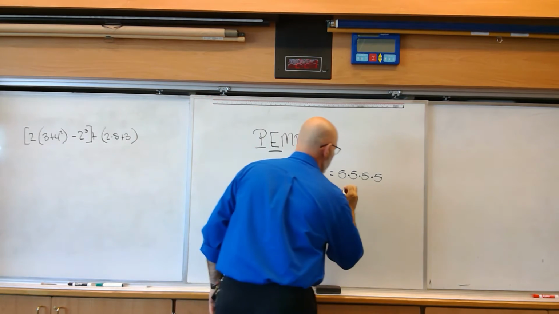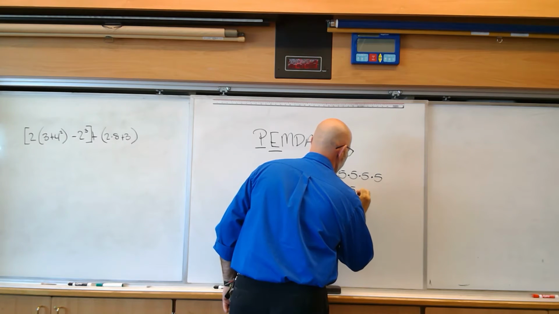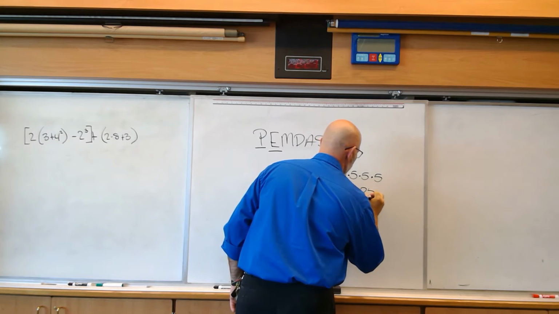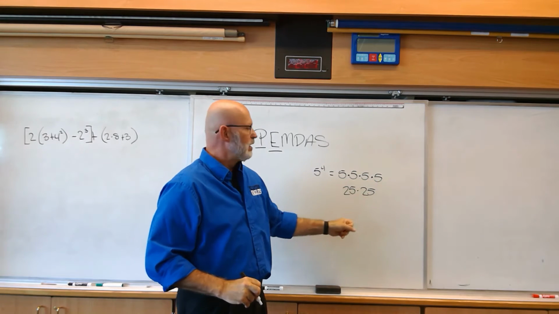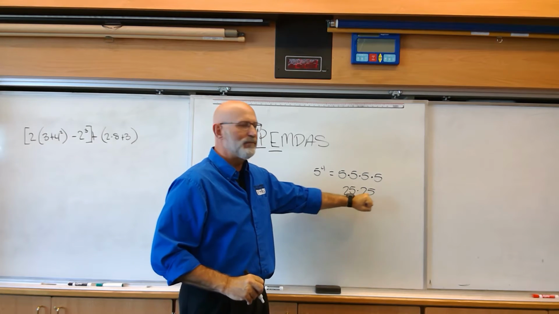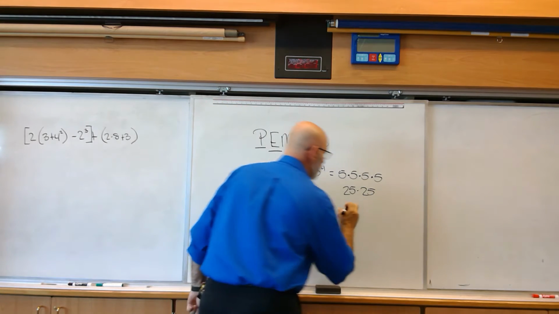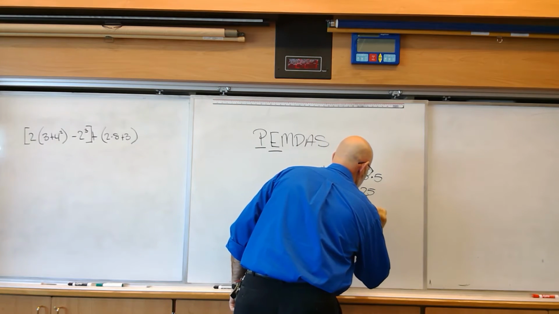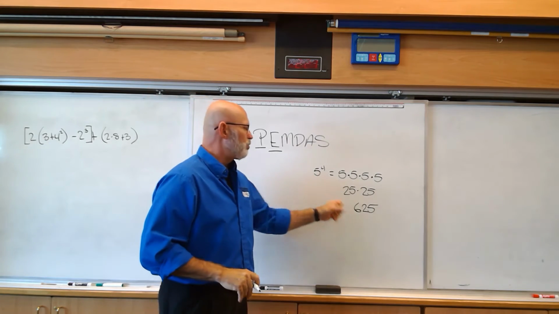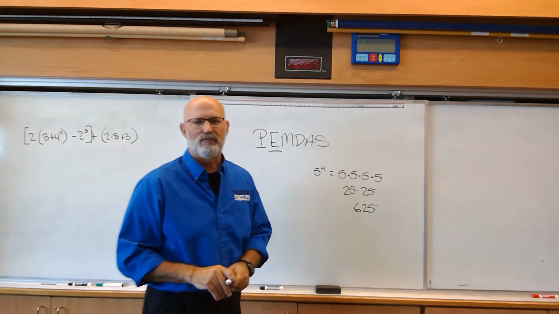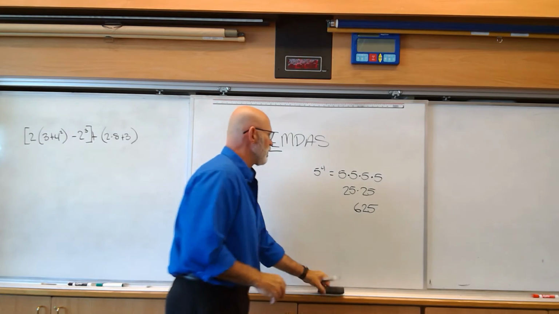So I'll do 25 times 25, because I know that 5 times 5 is 25, and 5 times 5 is 25. Now I'm going to take 25 times 25, and that's going to give me 625. So 5 to the fourth power is the same as saying 625. The same number.